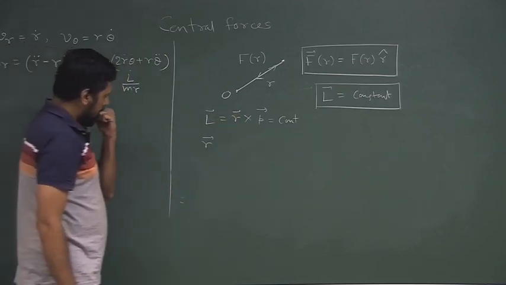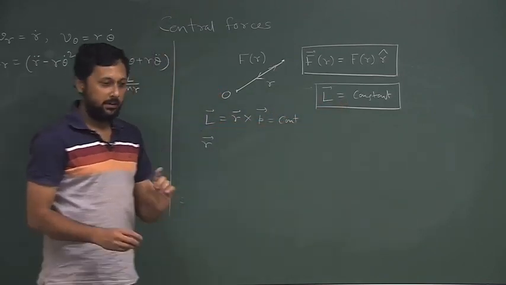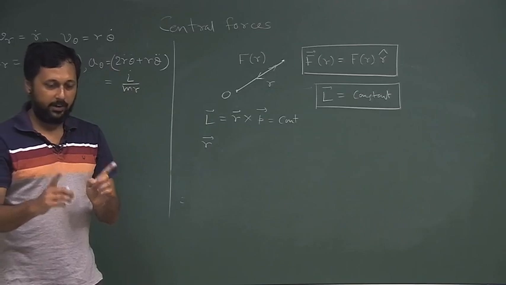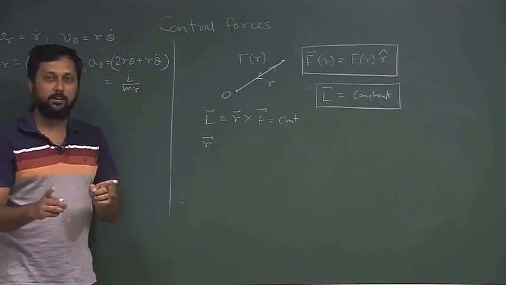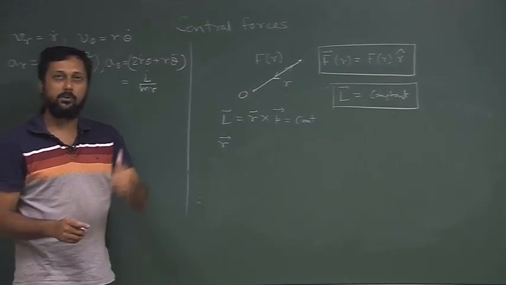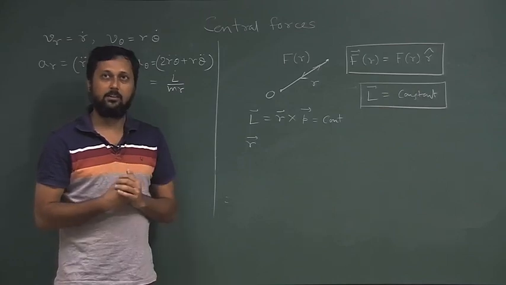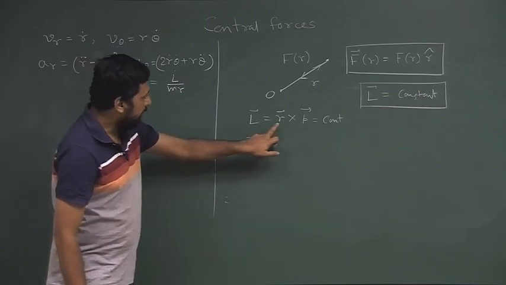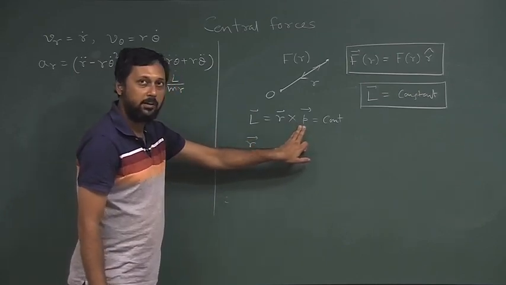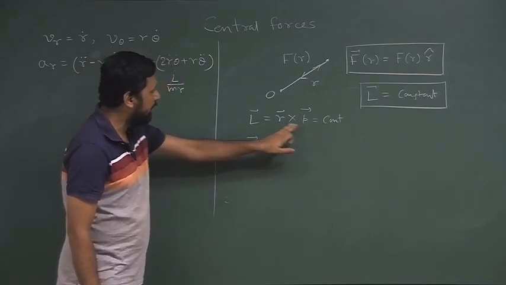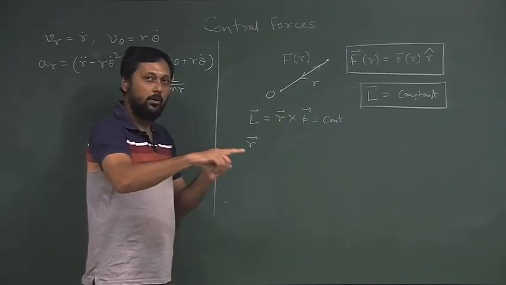Now, L being constant essentially means that it is not only the magnitude of the vector L, as I have discussed already in this class, but also the direction it is pointing towards is a fixed direction in space. Now, if you examine this term, p is the linear momentum of this particle which is moving under the action of central force, and r is the radial vector which connects it to the origin.